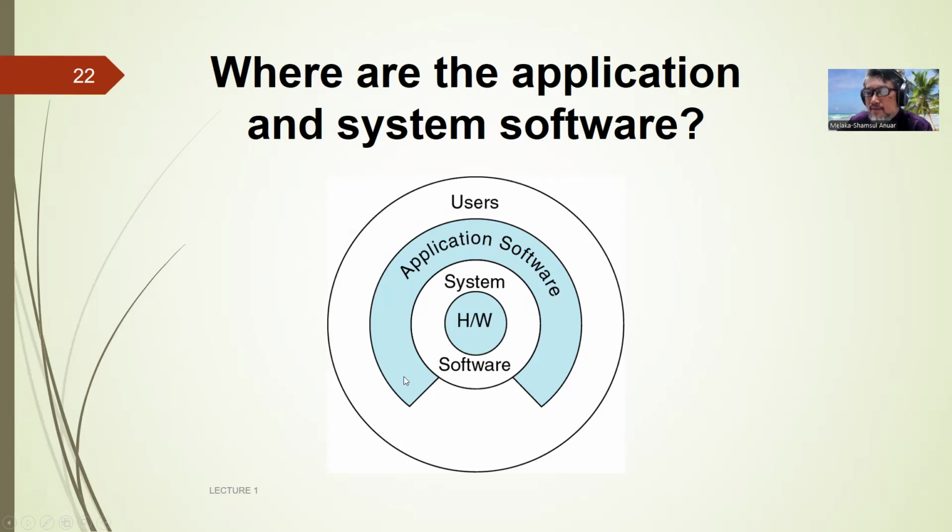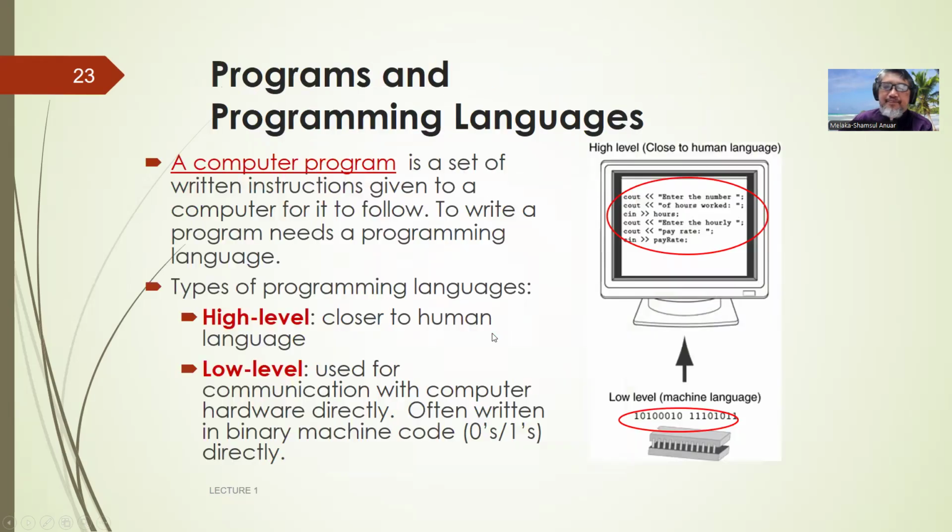In our case, a lot of us use Windows or Android. Android is also a system software. And then we have the hardware, which will interact with the machine, our computer or desktop.